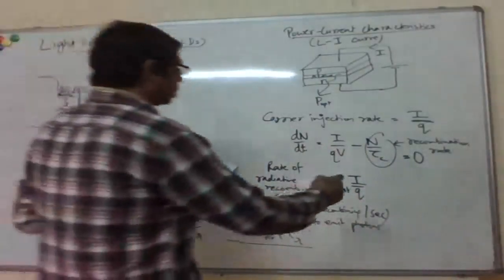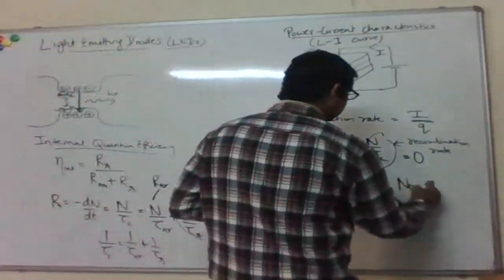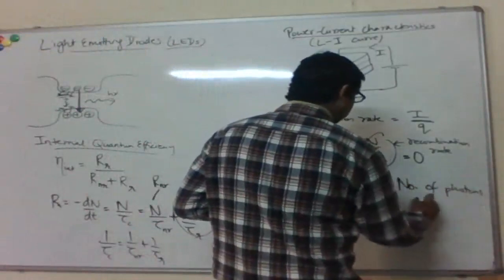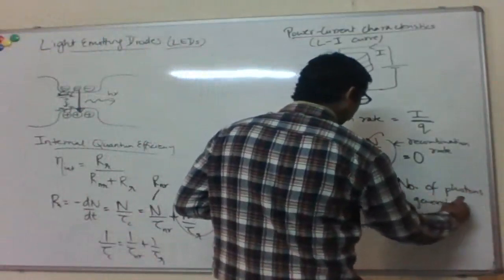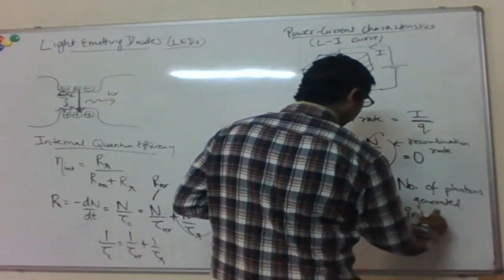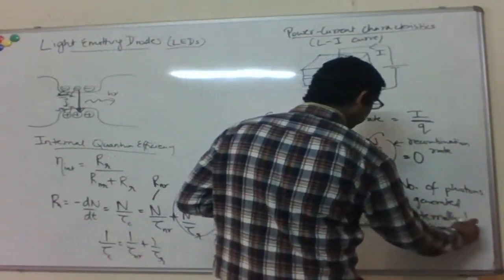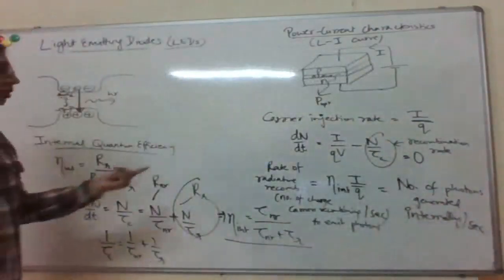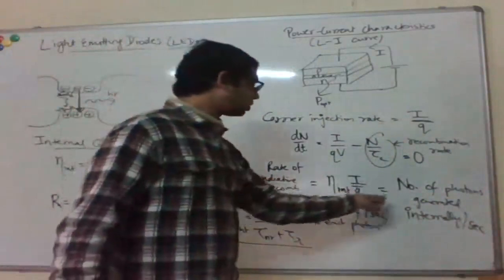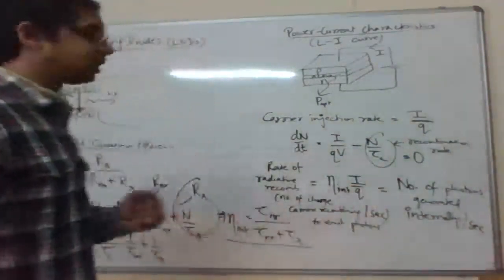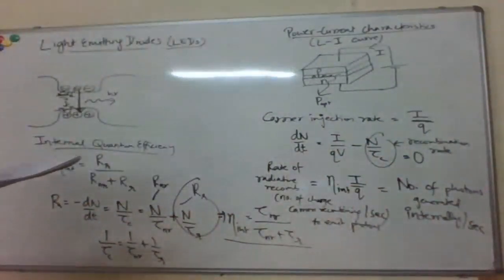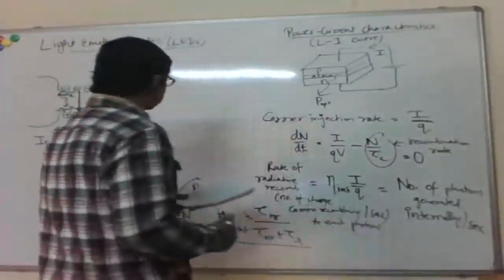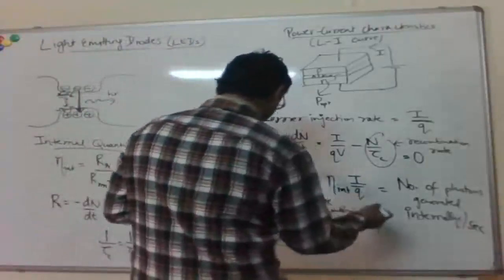Right. So basically, this is also equal to the number of photons being generated in the device per second, right? Right. So each radiative recombination is giving me a photon. So this is also the number of photons generated per second internally within the device. Right. So if you multiply by the photon energy h nu, then we get basically the power.